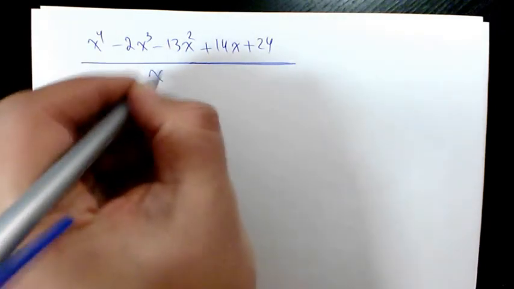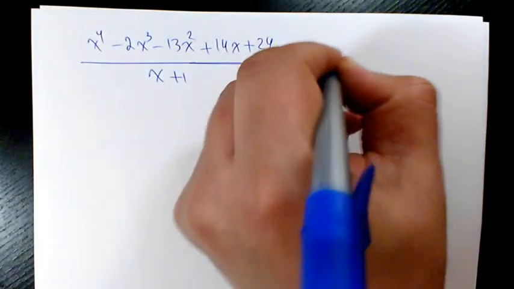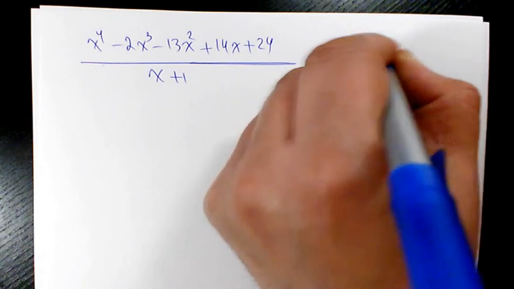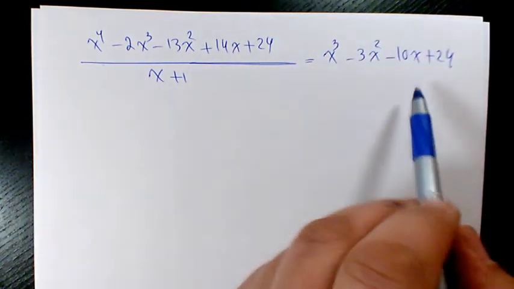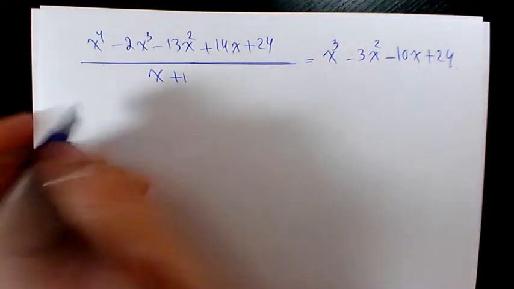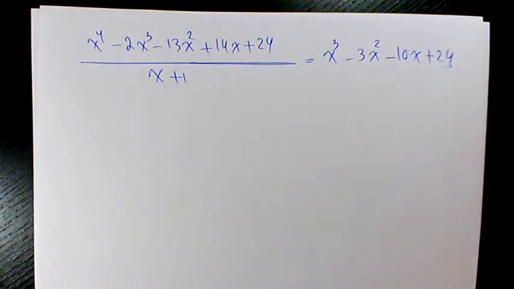So we can say x to the power 4 minus 2x cubed minus 13x squared plus 14x plus 24 divided by x plus 1 is going to be x cubed minus 3x squared minus 10x plus 24. And now I need to decompose this one.